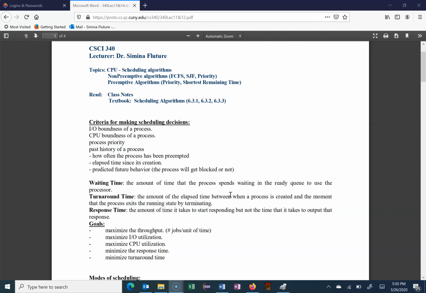We want to minimize these times, and we don't look just at one process at a given time, but we have to look at all the processes, the entire system. So usually we want the average waiting time to be minimal, or the average turnaround time to be minimal, or the average response time.